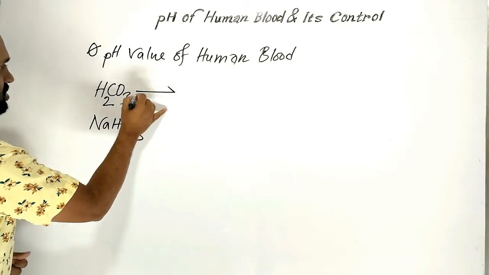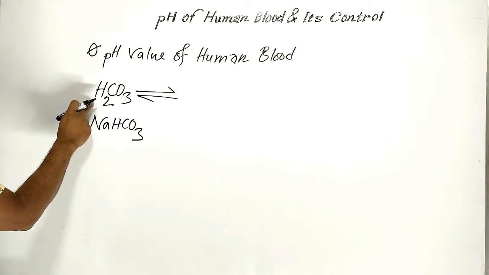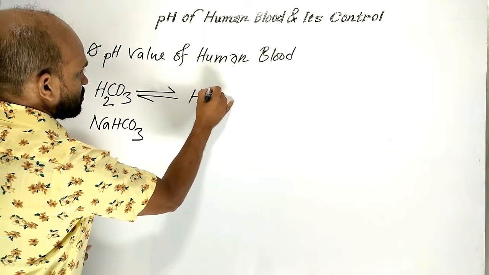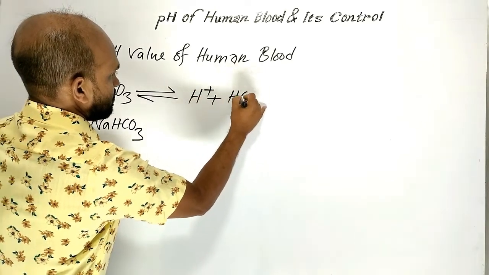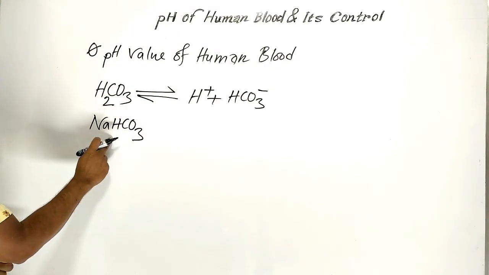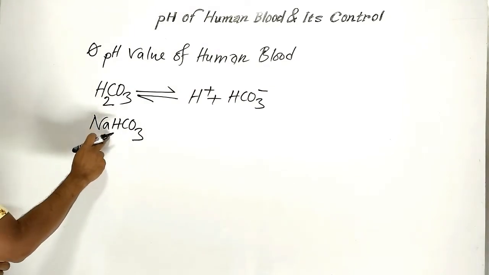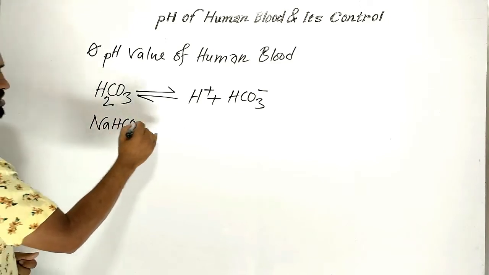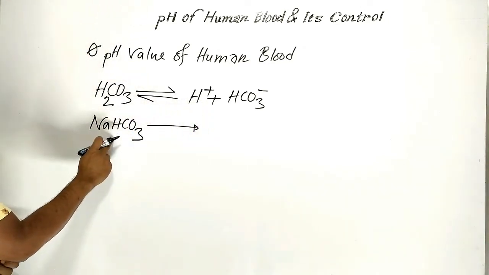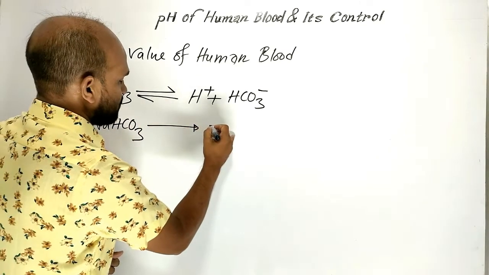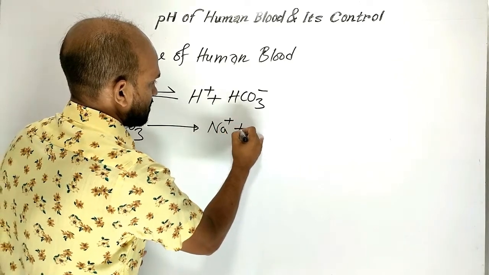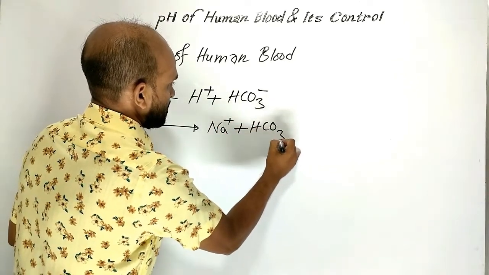Here, carbonic acid is a kind of weak acid that dissociates partially to form proton and bicarbonate ion, and basic salt of carbonic acid, sodium bicarbonate, is a kind of strong electrolyte. So sodium bicarbonate dissociates completely to form sodium ion and bicarbonate ion.